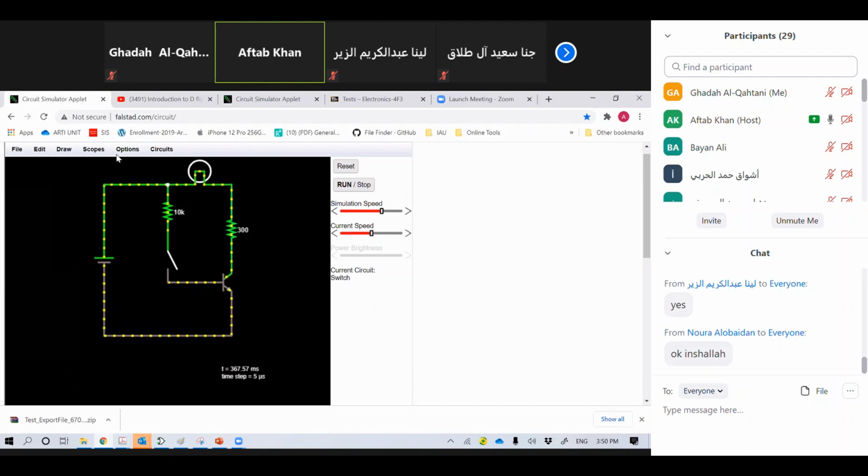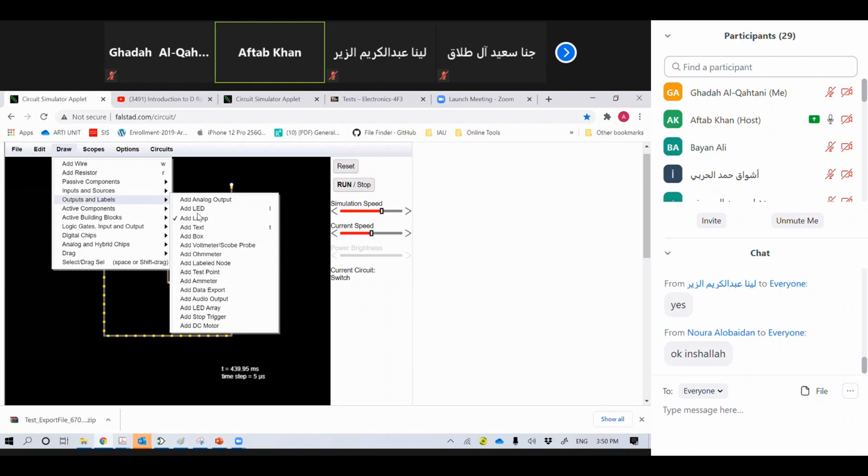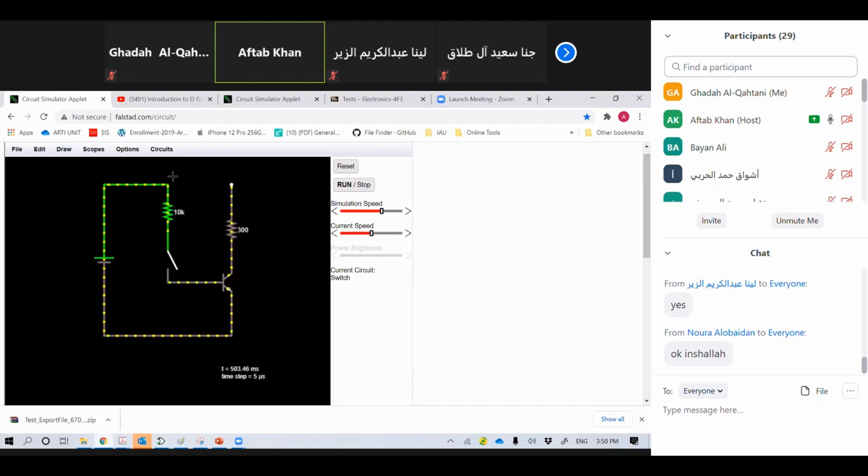Okay, and see now, rather than a lamp we can have an LED, for example. So this time it is in cutoff mode, and I am connecting the LED in a way that current is not flowing, so the LED is off.